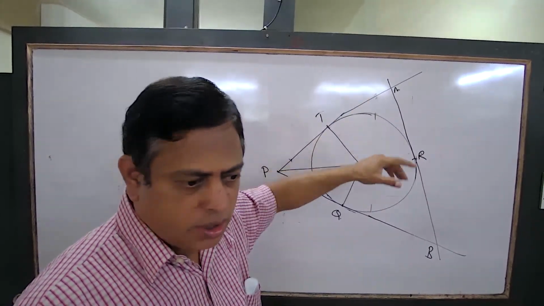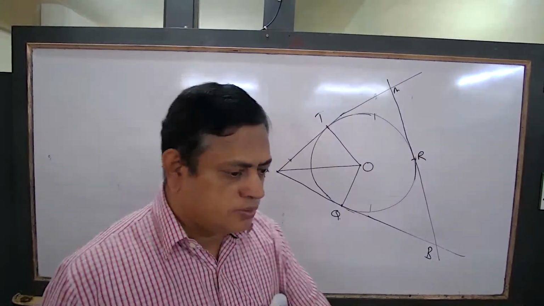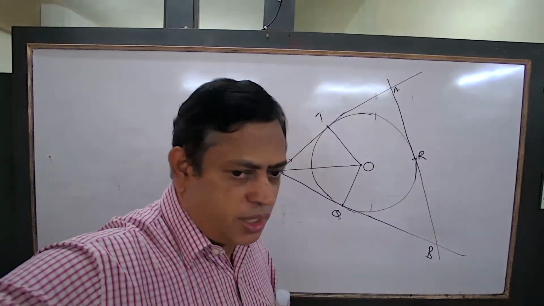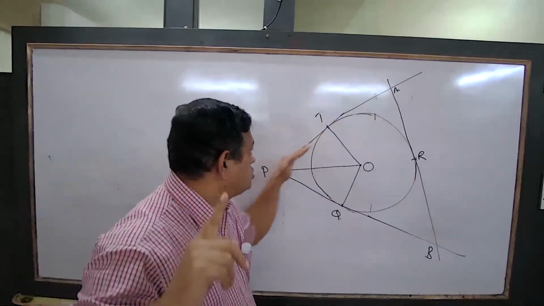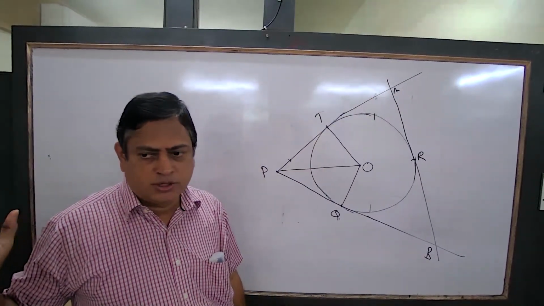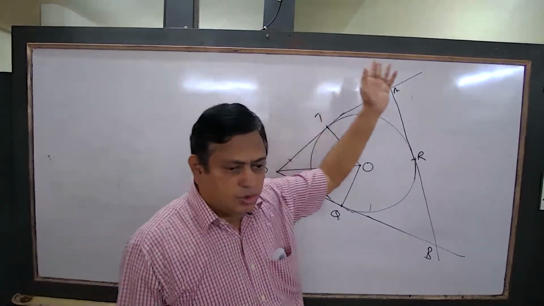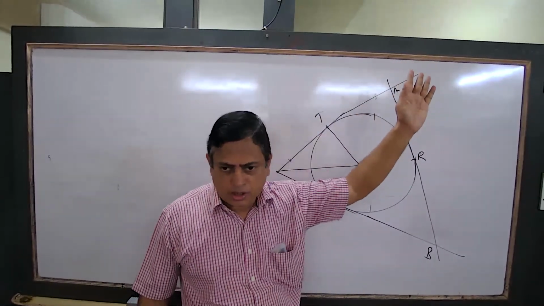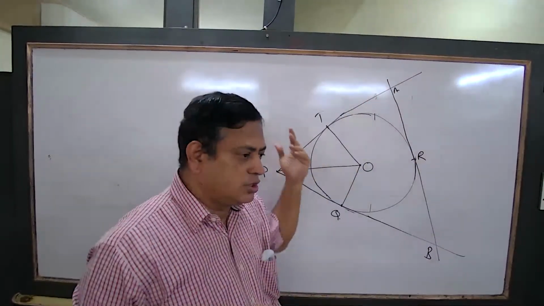Yes or no? Yes. Now, can you prove PA is equal to PB? This is a straight line, okay, PA and PB. You cannot prove PA equal to PB, okay? Because PA and PB are not tangents. What are the equal things?